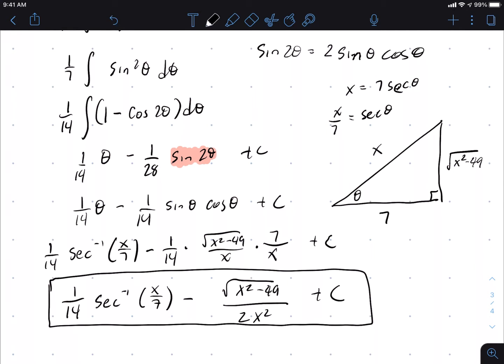And that's what I did. I changed the sine 2 theta to sine cosine. Do you see that in the next step? Okay, yeah. Thank you. Here I'll highlight this just so you can see. That's why that became 1/14 instead of the 28. We're good?